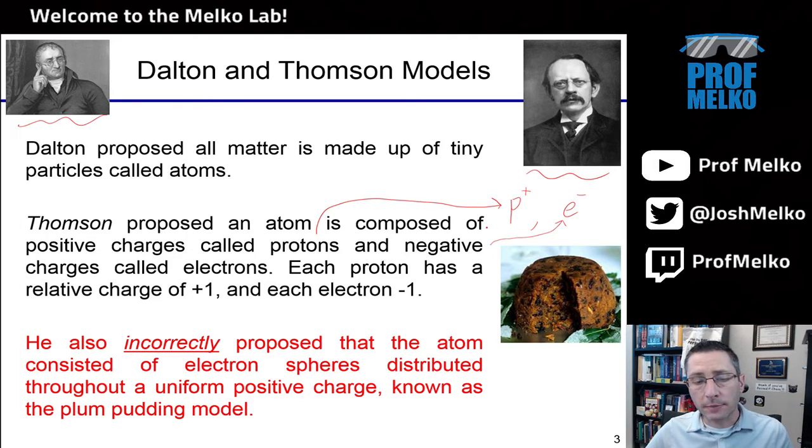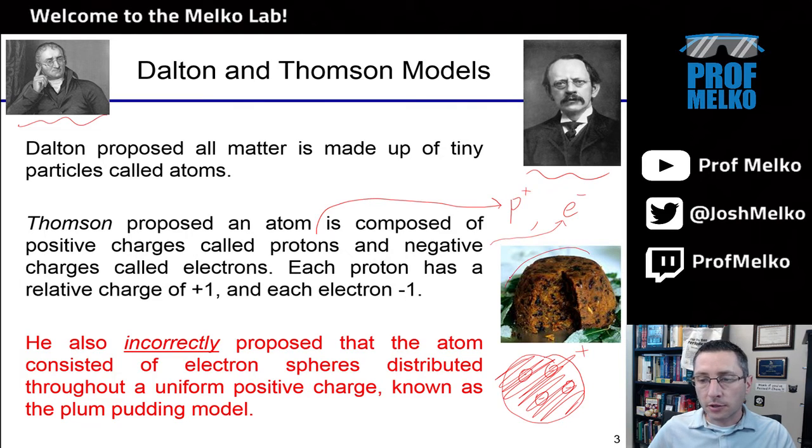So Thomson proposed that, but he also incorrectly proposed a picture of what that atom might look like. And he said the atom is this spherical tiny particle, which is correct. But he said there were these spheres of electrons, these negative charges, that I'm going to symbolize here with little negative signs, that were distributed throughout this background smear of positive charge.